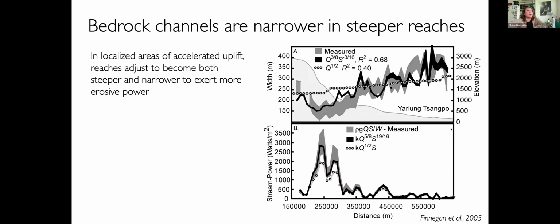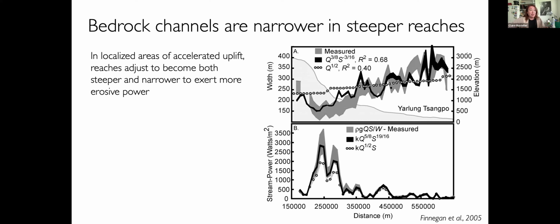And so we're borrowing here from observations that have already been well characterized in bedrock channels, where bedrock channels tend to be narrower in reaches where they are steeper. This is really nicely demonstrated by Finnegan et al. in 2005, in that in areas where we have accelerated uplift in bedrock rivers, reaches have to adjust to become both steeper and narrower to exert more erosive power on the bed such that erosion can keep pace with that accelerated uplift.